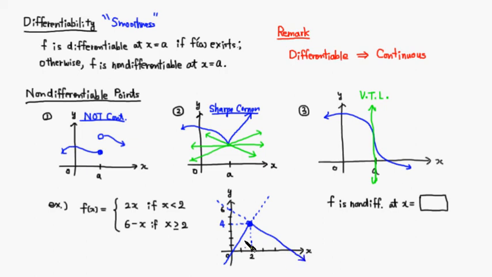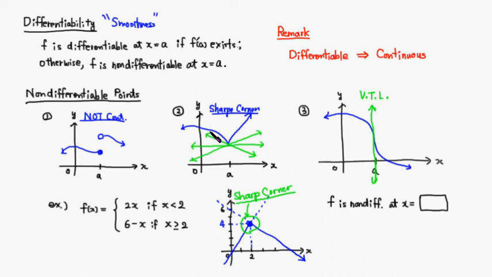Then you're going to have a graph that looks kind of like this. As you can see, this portion is a straight line, so it's nice and differentiable because it's smooth. And here, nice and differentiable too. The only problem would be the junction between those two pieces right here. You can see there is a sharp corner at x equals 2.